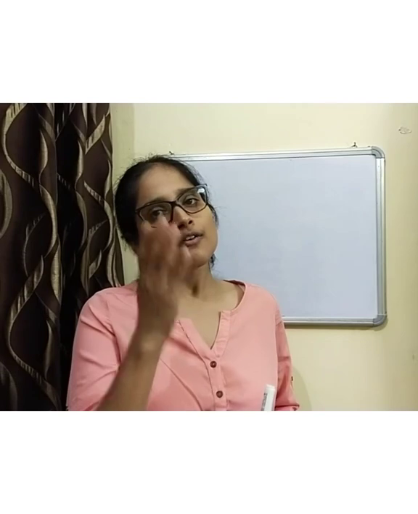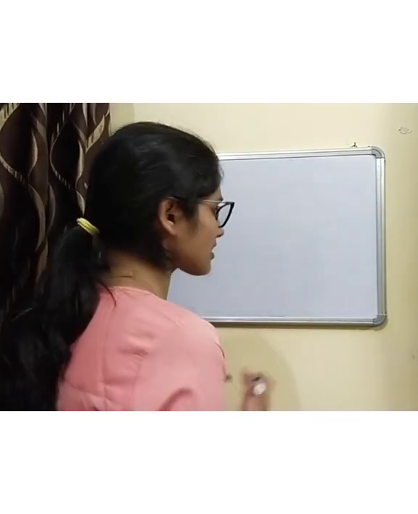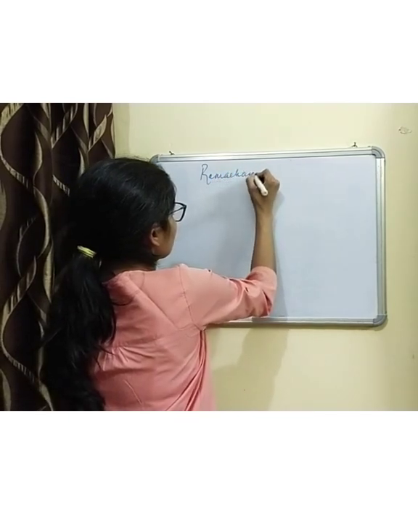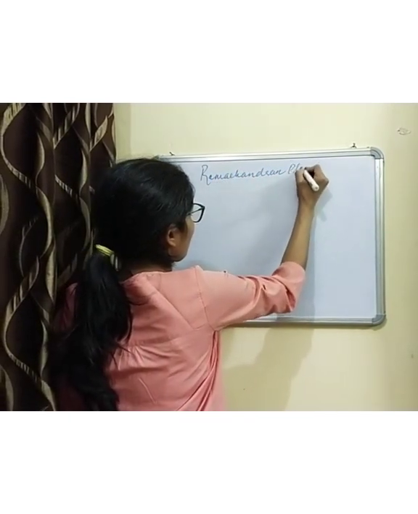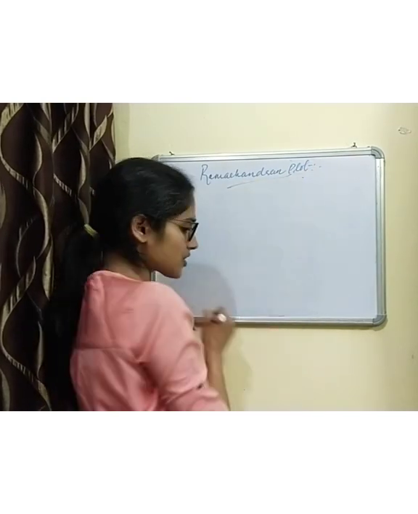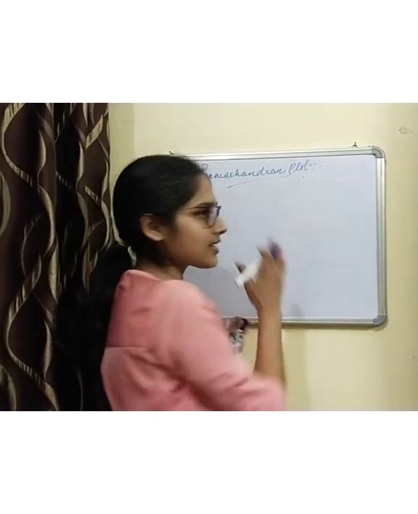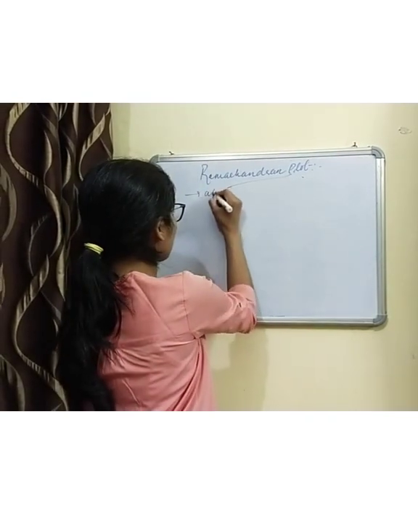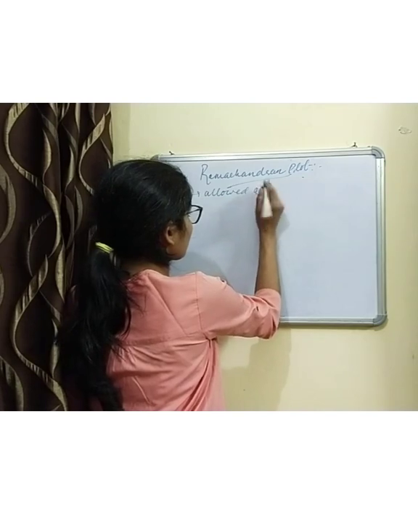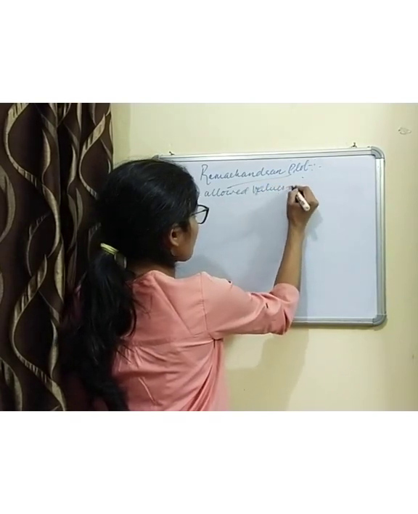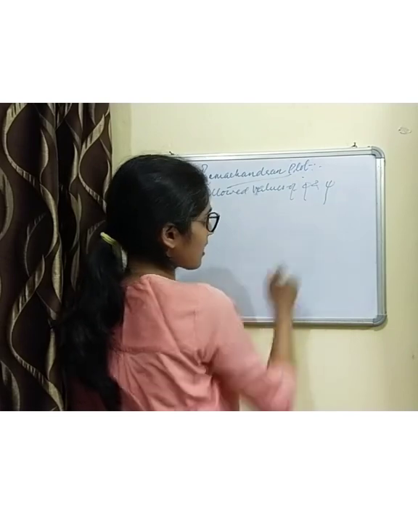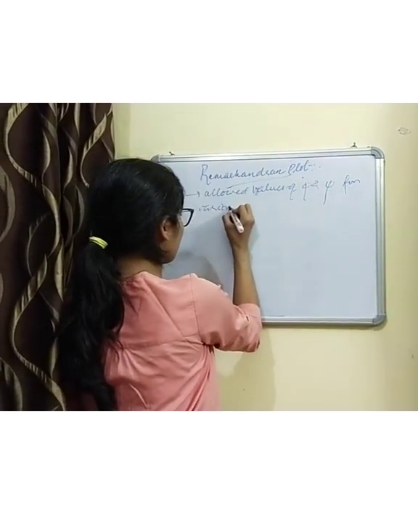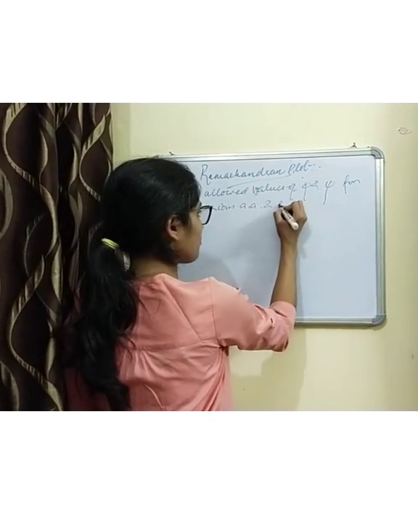So now we'll discuss the Ramachandran Plot, which describes the allowed values of phi and psi for various amino acids and proteins.